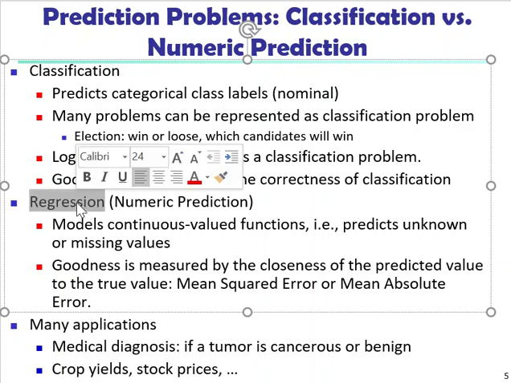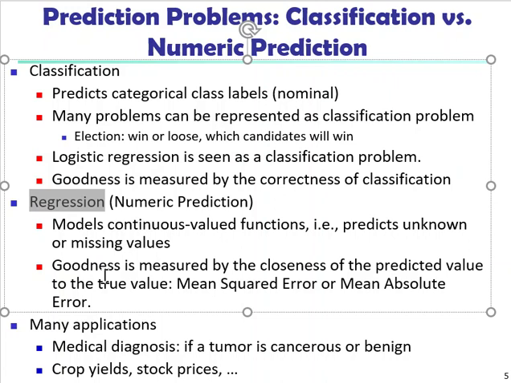Regression, on the other hand, has not a label but a real value. Therefore, the performance of a regression numerical prediction problem is measured by the closeness of the predicted value to the true value. Two typical measures that we use are mean squared error and mean absolute error.